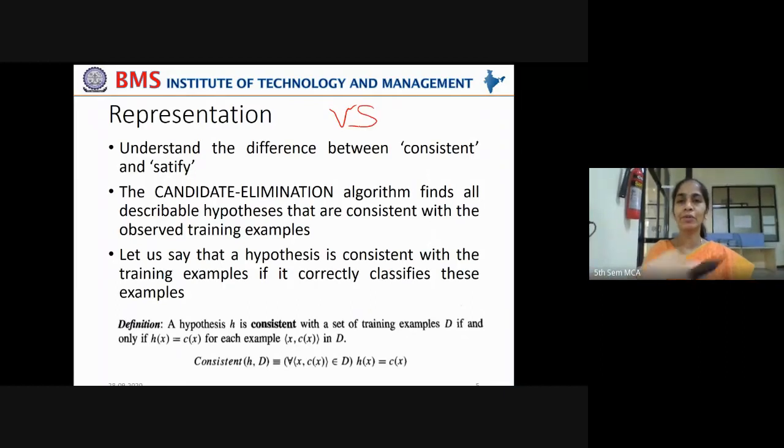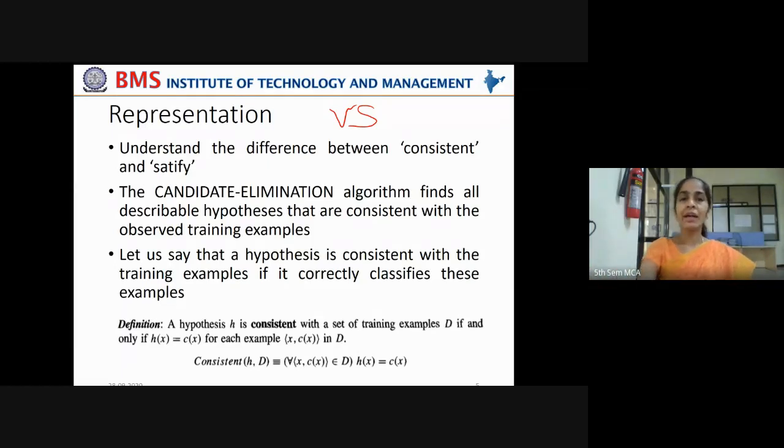Version space is denoted by VS. Before going to the representation, let us first understand the difference between a hypothesis being consistent with the training examples and a training example X satisfying a hypothesis. What is the difference?